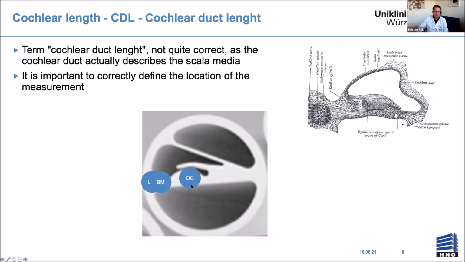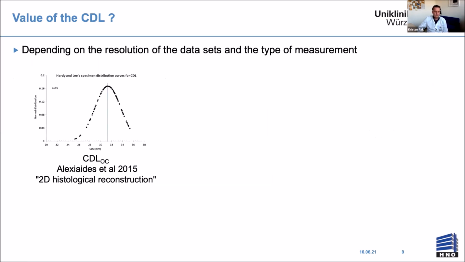Then the cochlear length at the organ of Corti is smaller. And then there's also cochlear length at the spiral ganglion. This is different. And then you can measure cochlear duct length at the place where you want to insert an electrode or post-implantation. So there are differences in the areas where you do the cochlear measurements.